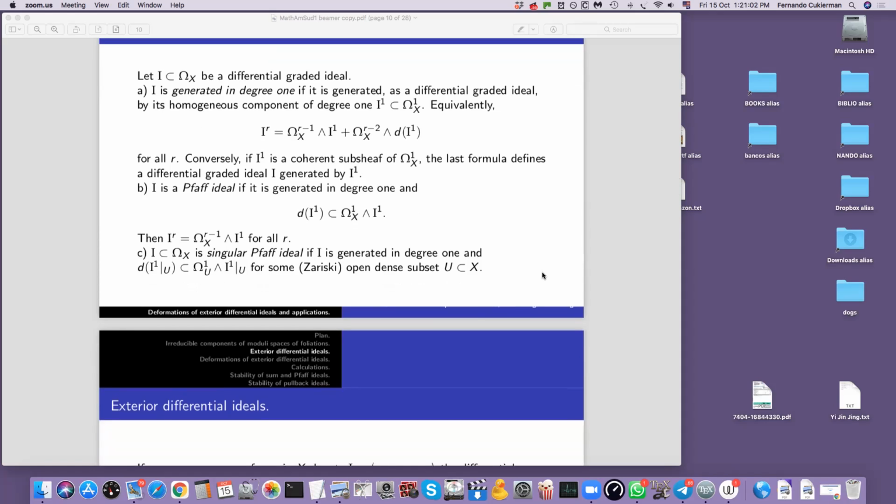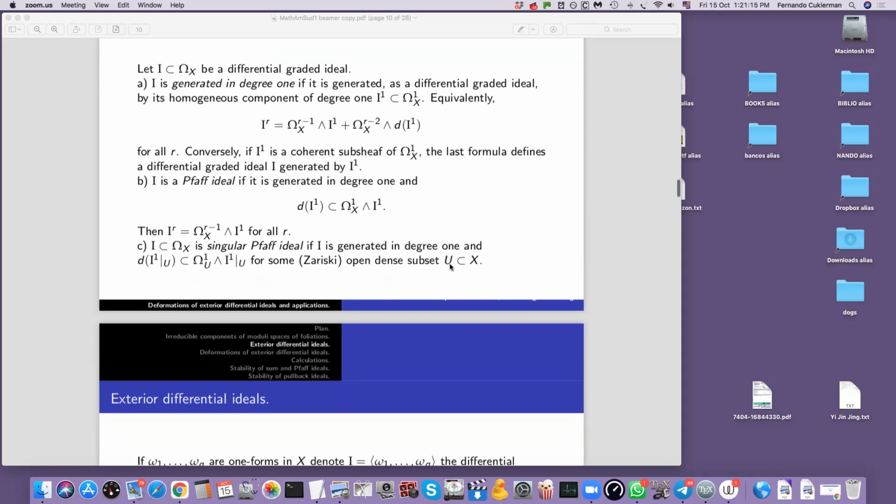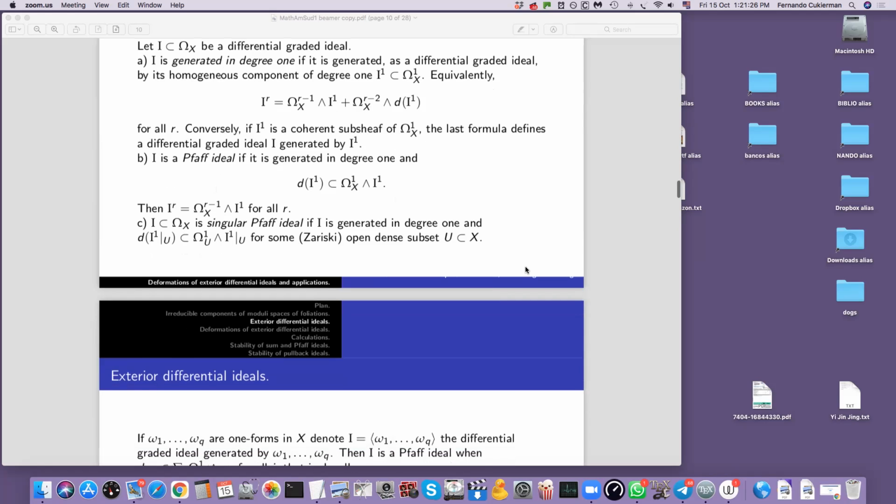We say that a differential ideal is a singular Pfaff ideal if it is generated in degree 1 and in some Zariski dense open set satisfies this condition as before. So it's a Pfaff ideal in an open set.